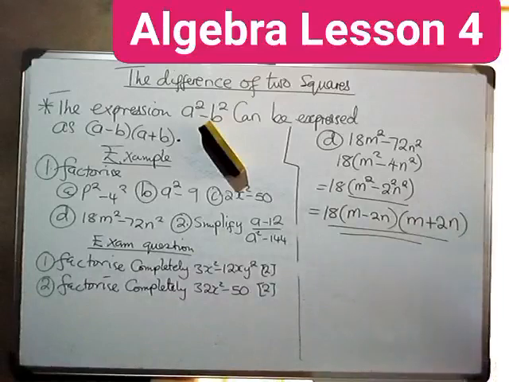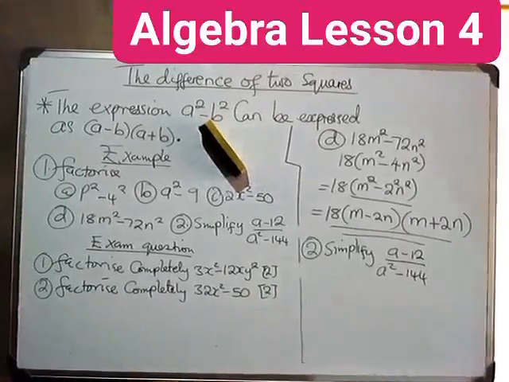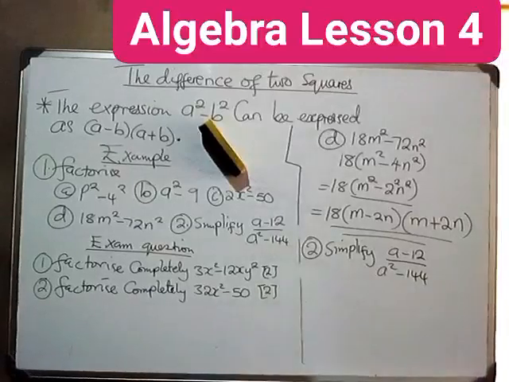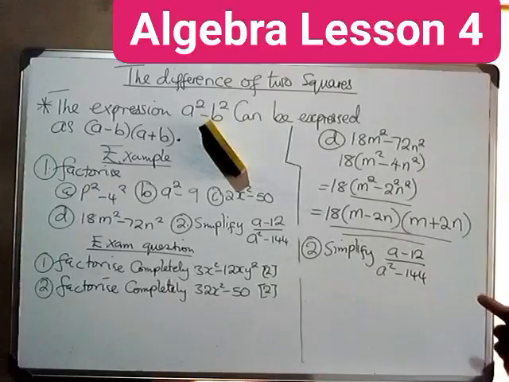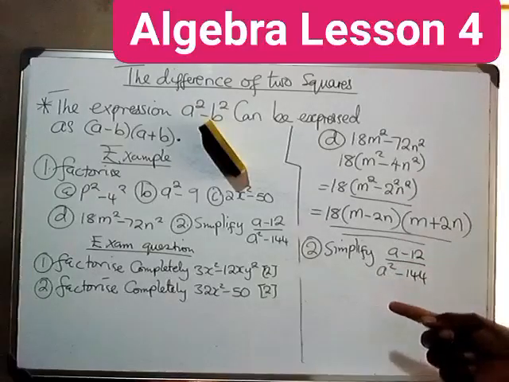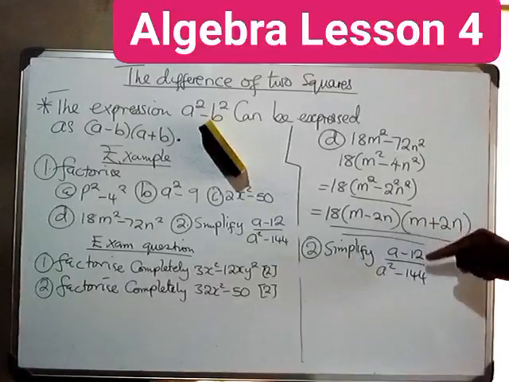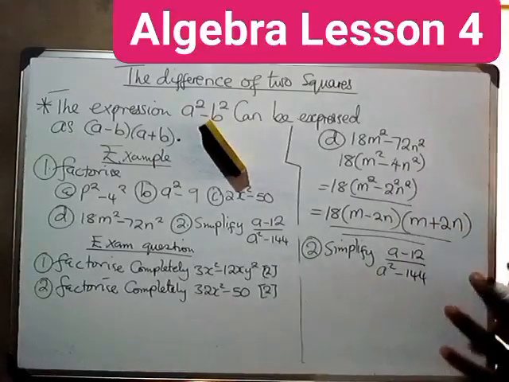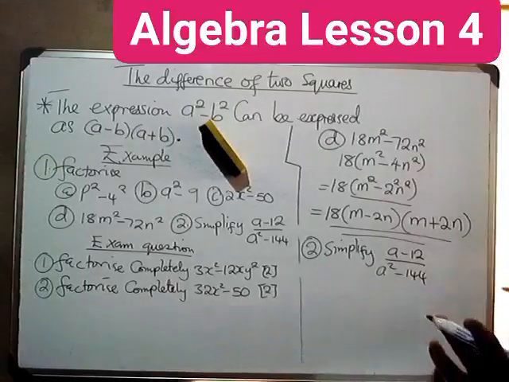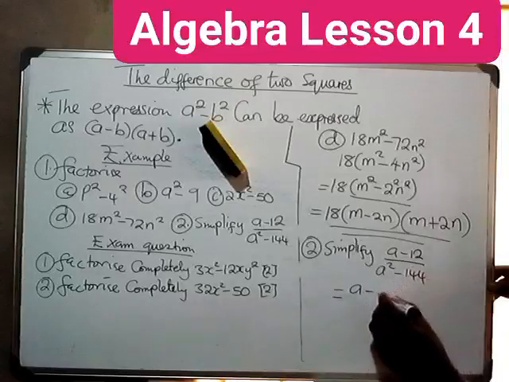Now we go to question number e. In paper 2, you can expect such questions where they ask you to simplify. When you have a numerator on top and a denominator, you simplify by finding a common factor. In this case, the numerator can't be simplified further.